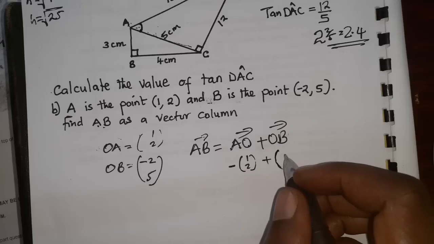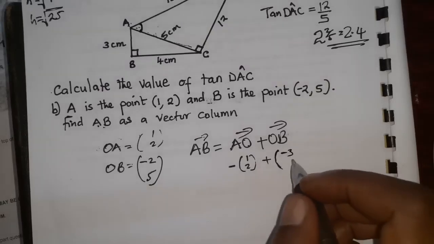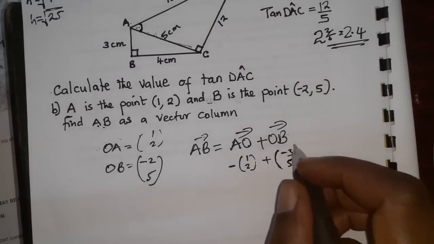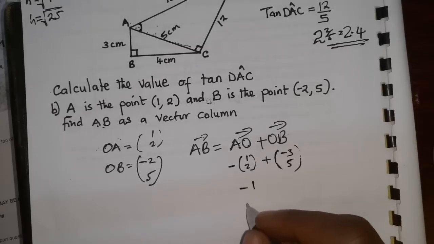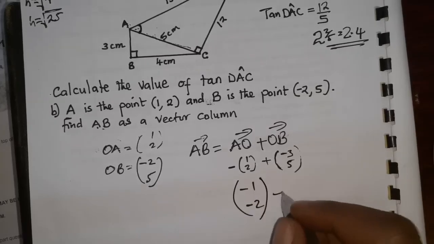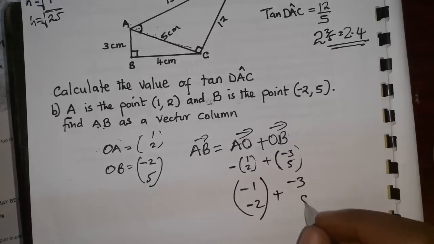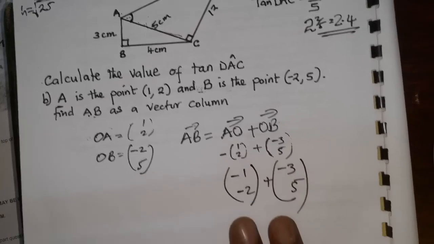That is what we are saying here: (-1, -2) plus (-2, 5), which gives (-3, 5).